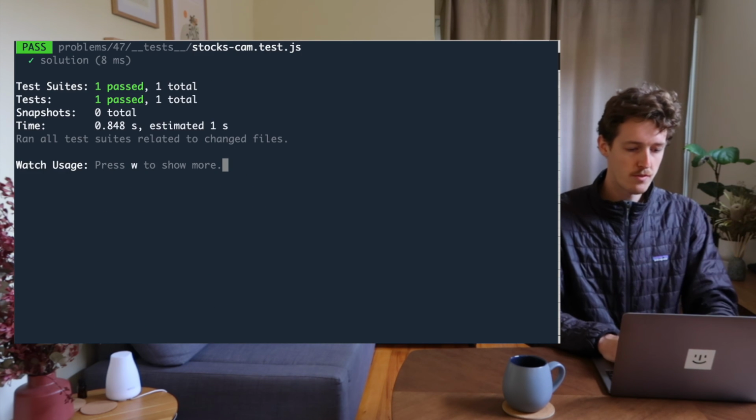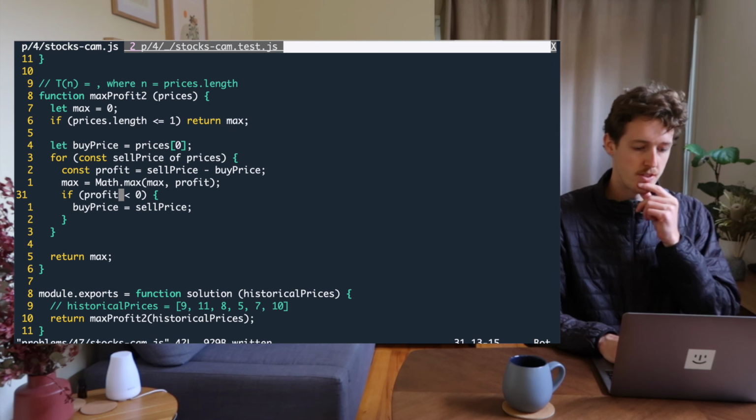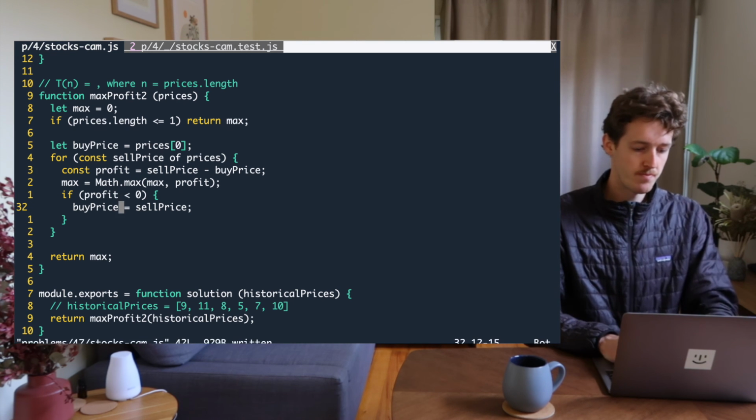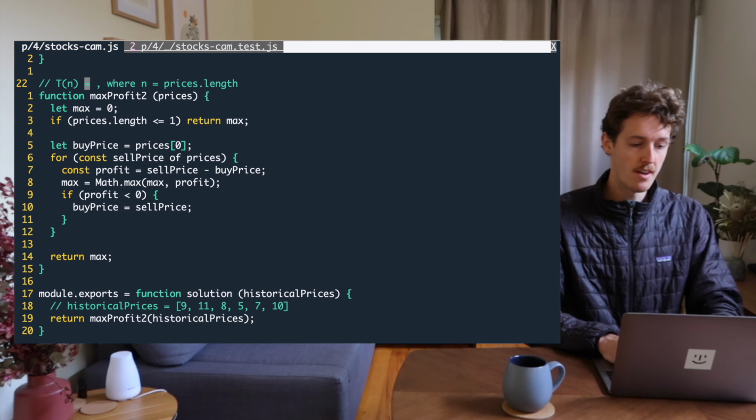That should still work fine. If profit's less than 0, we just change our buy price. So all we're doing is one iteration of the prices, so that's now linear time.